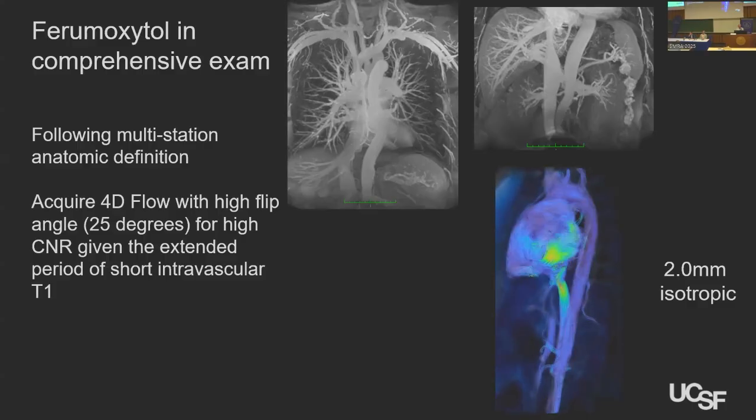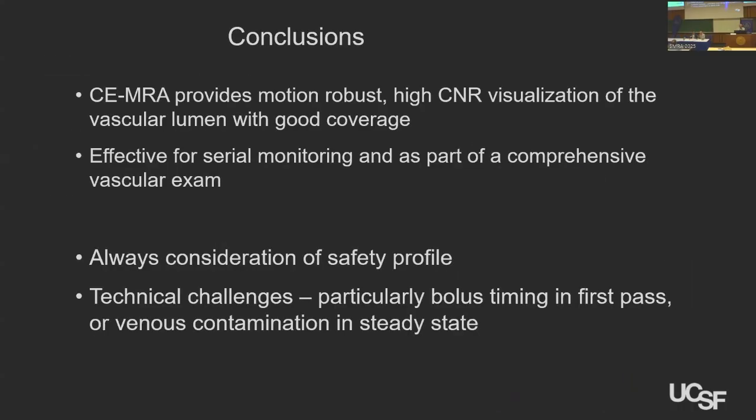Similarly with ferumoxytol, multiple stations covered, and then we can do the 4D flow acquisition here using a very large flip angle, 25 degrees, which gives us very strong contrast to noise, covering the entire heart, aorta, and the visceral arteries as well.